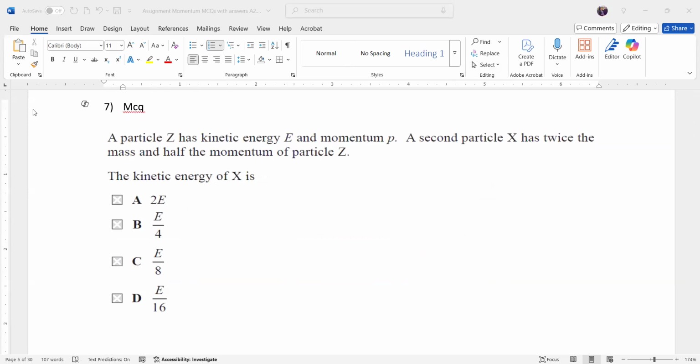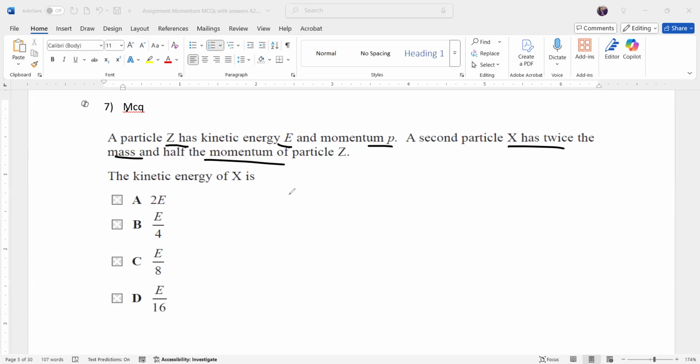In this question, a particle Z has a kinetic energy E and the momentum P. A second particle X has twice the mass and half the momentum of Z. What is the kinetic energy of X? So how can we work it out?